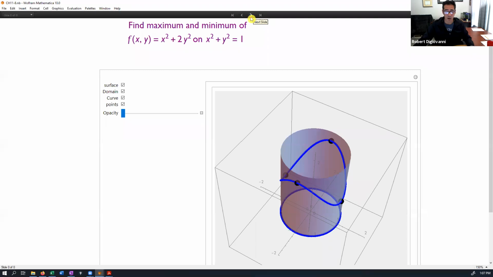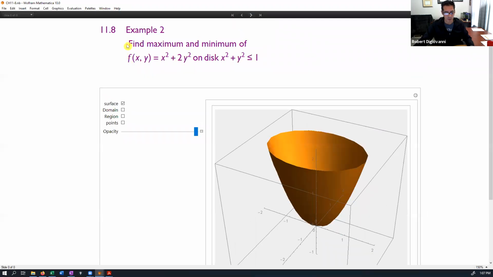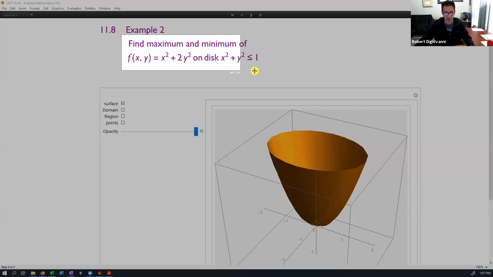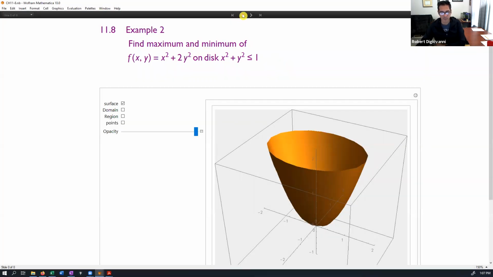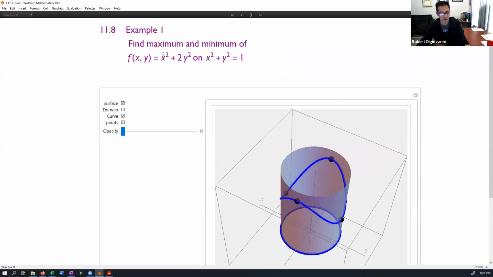So let's try another problem. Look at the previous problem. We were trying to find the maximum and minimum values of this function on this circle. See how this is x squared plus y squared equals 1? So we had the circle on the ground.